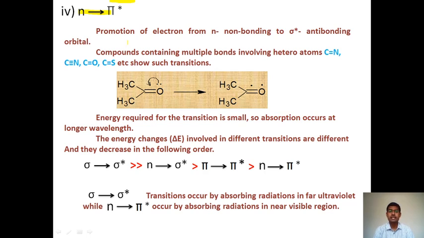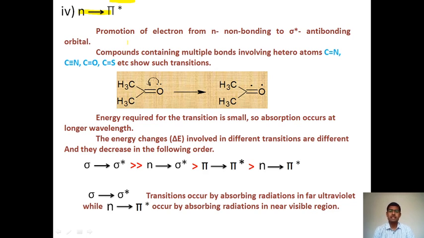Now let's see the energy changes, delta E, involved in different transitions. In the sequence, sigma to sigma star transitions are highly energetic. Then comes n to sigma star, then comes pi to pi star, and the least energetic transition is n to pi star.